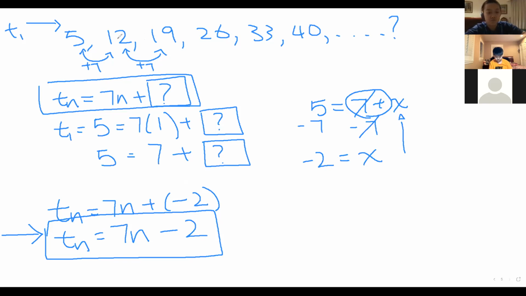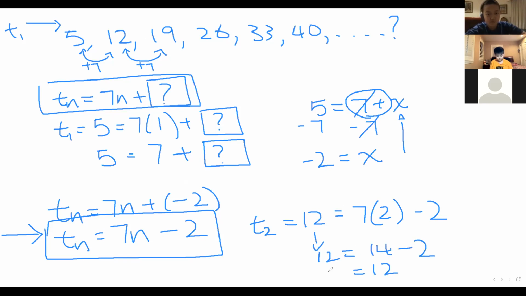But I don't know if that's going to work for every other number. So let's check. What's the second number? 12. So T2, which is 12, should be equal to 7 times 2 minus 2. So 12 is equal to 14 minus 2, which is 12. That works.